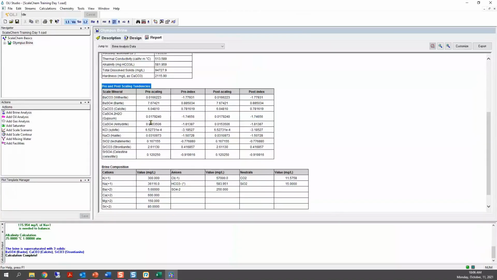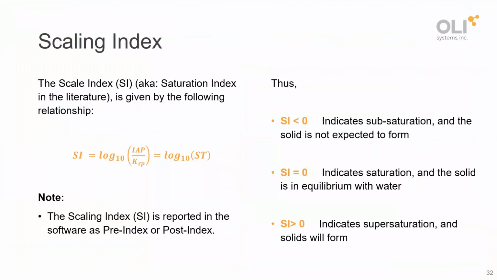You also see that we are not only giving you the pre-scaling value and the post-scaling value, but we are also giving you a pre-scaling index and a post-scaling index. The reason why we also provide this is because the scaling index is another way that the industry measures or quantifies the scaling risk.